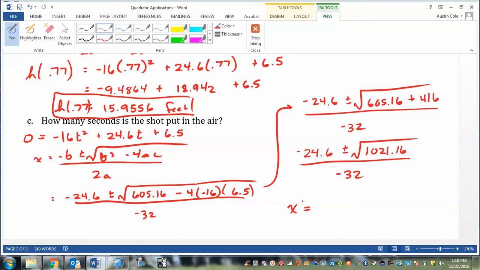Everyone should be doing this because everyone needs practice typing this into the calculator. What do we get for an answer?